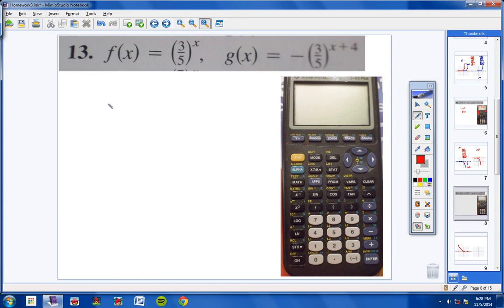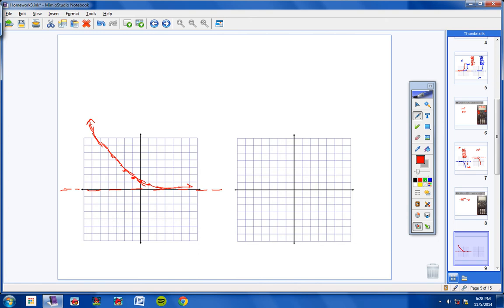Okay, here we go. We have negative, in parentheses, 3/5, then x plus 4. And I'm going to go ahead and put plus 0 for my constant term, okay? So I have a horizontal asymptote at 0 here. Okay, students, there we go. Pretty simple, okay?